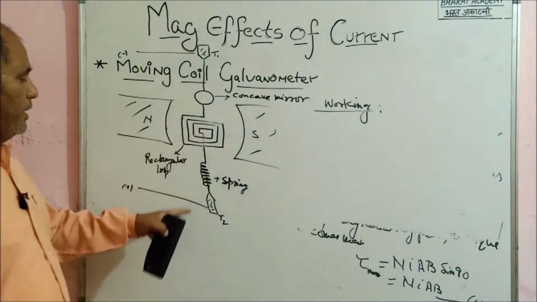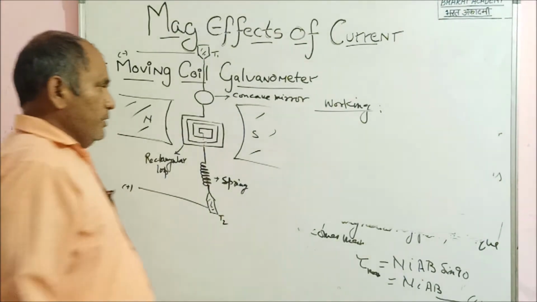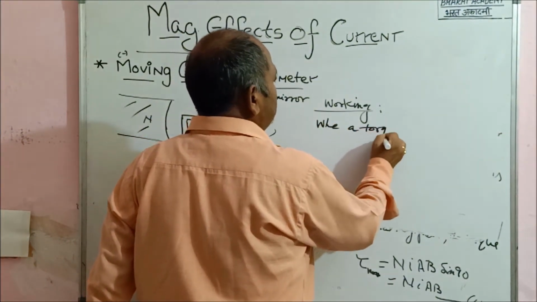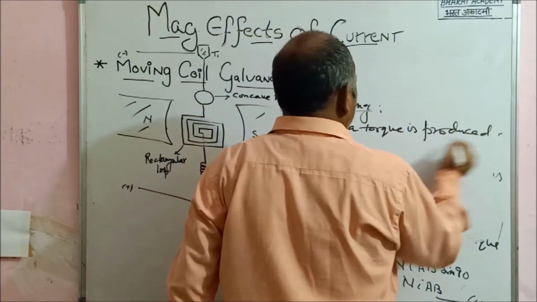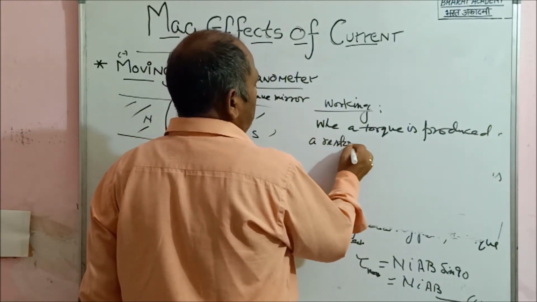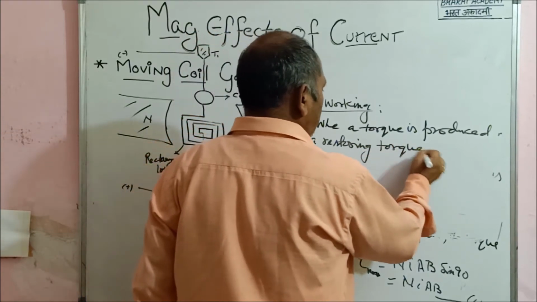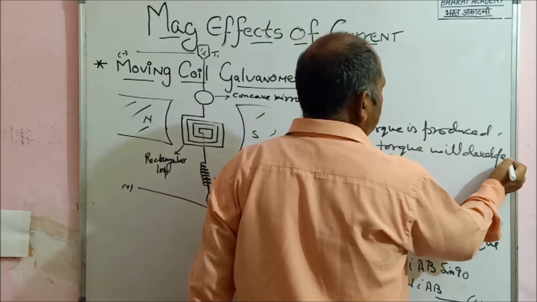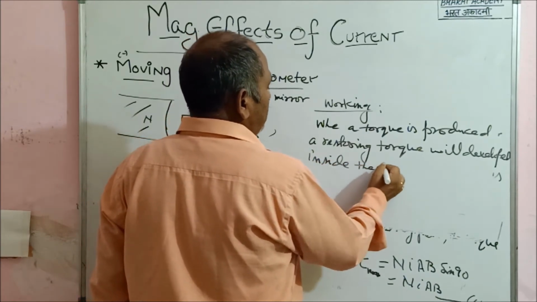As this coil is connected to the knob with the help of the spring, when a torque is produced, a restoring torque will develop inside the spring.